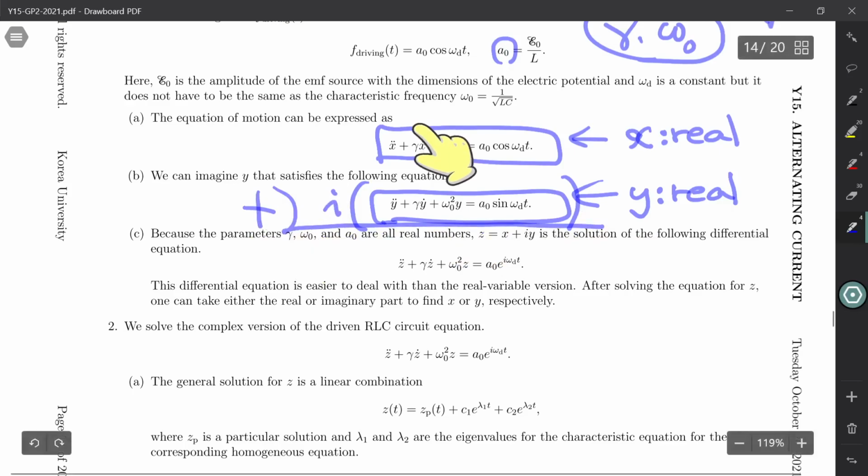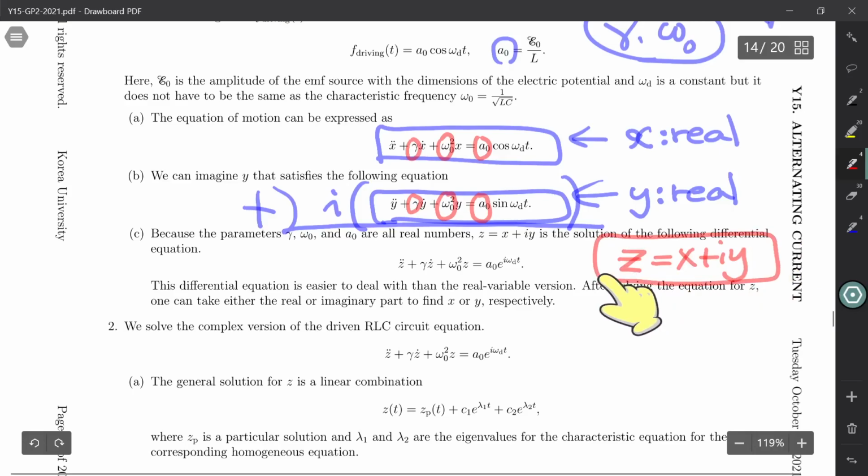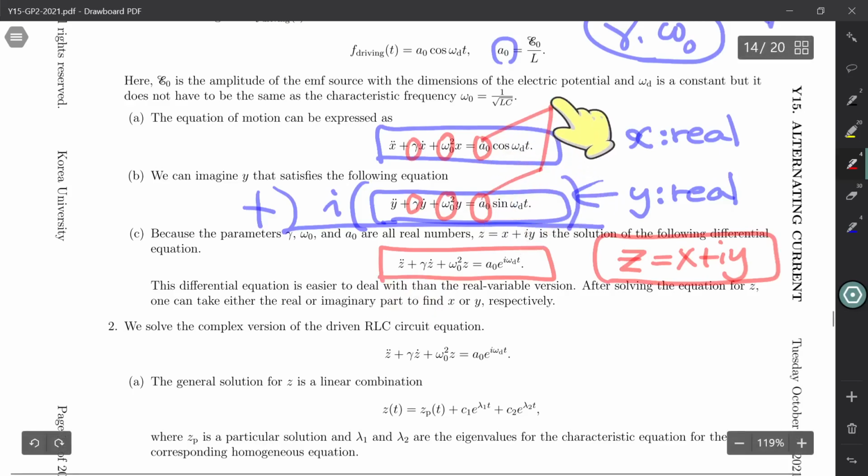Then, because this gamma and omega 0, they are real, A0 is also real, we can combine these two as z equals x plus iy. The sum of this equation becomes this. And actually, A0 does not have to be real.